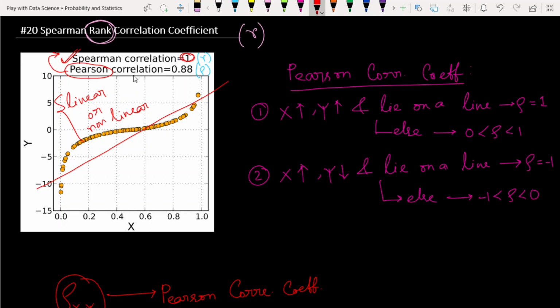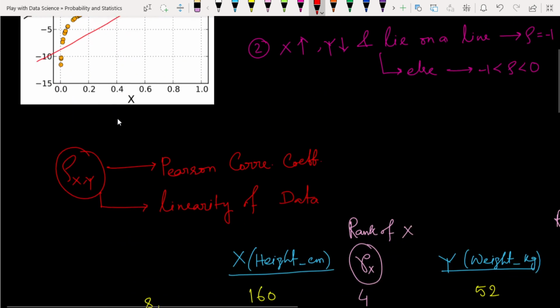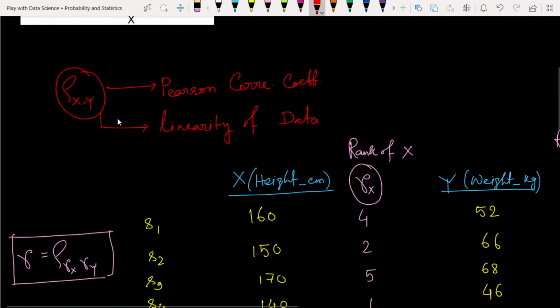I suggest you go to the Wikipedia page and read this article; it will be better for understanding. How these things are applicable, we will see when we discuss the case studies one by one.